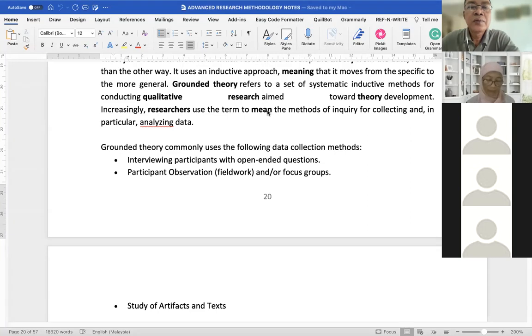Mr. Sonko, I'm sorry. Are you with us, Mr. Sonko? Can you introduce yourself? Mr. Sonko is in the process of applying and joining the PhD program.